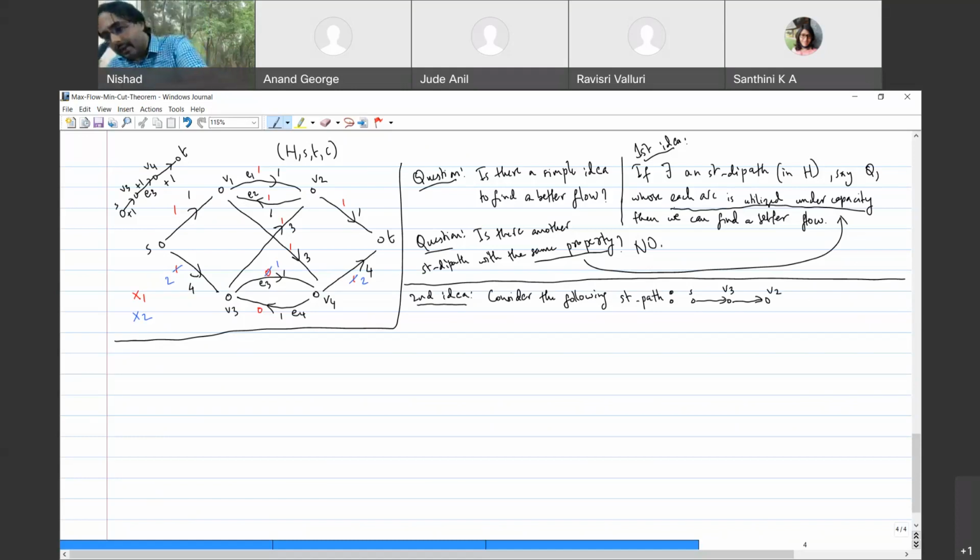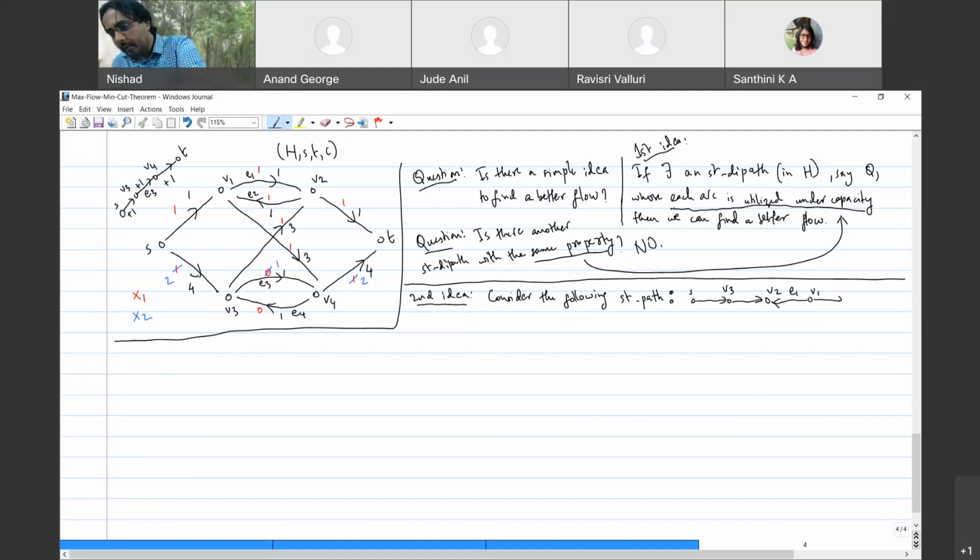So let's consider this arc, it's actually directed from V1 to V2. This is the arc E1. It is not E2 because E2 is not under capacity. And from V1, where do you want to go? V4 and then to T, right? Yeah.